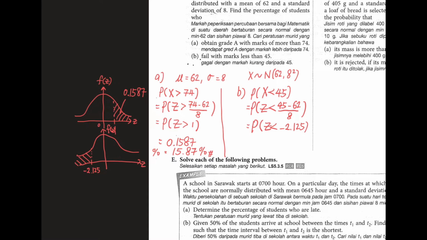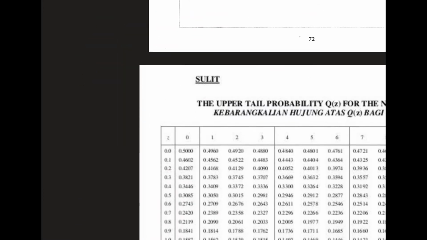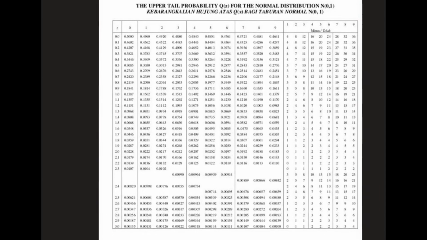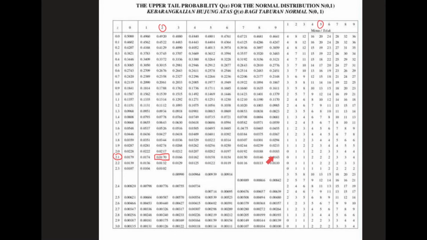When you want to look at the table, you just look at 2.125. No need for the negative. So 2.1, and then 2, will be this value. 2.125, so the 5, and then we look at the same row and go to the corresponding column.